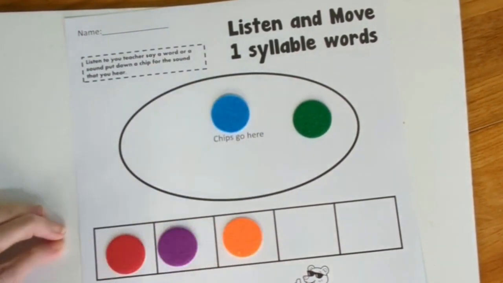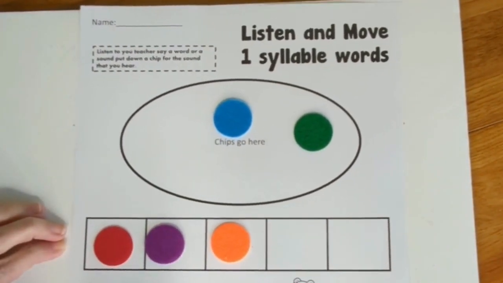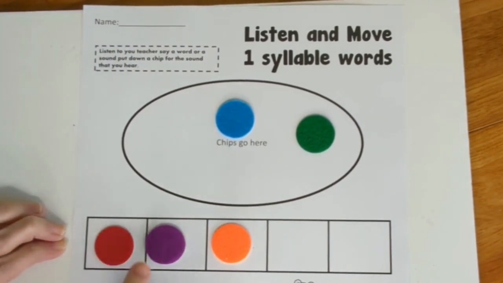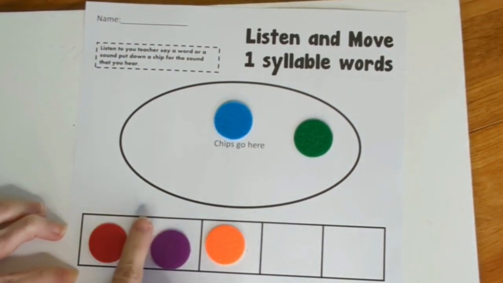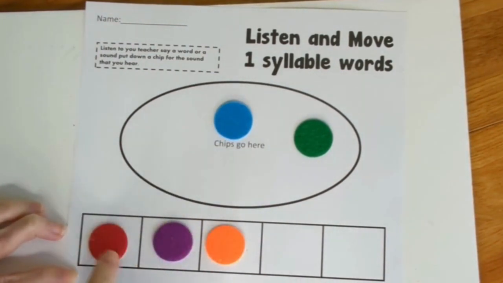So being able to switch out those sounds. Here we're not working with the graphemes, although we could, but right now we're just working with those sounds, getting fluency with changing out sounds and talking about where those changes are occurring.